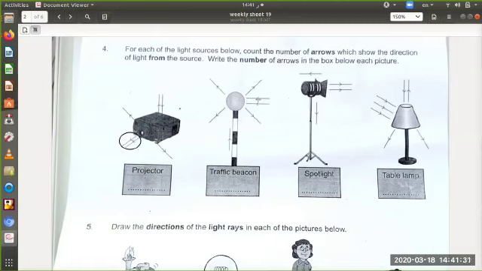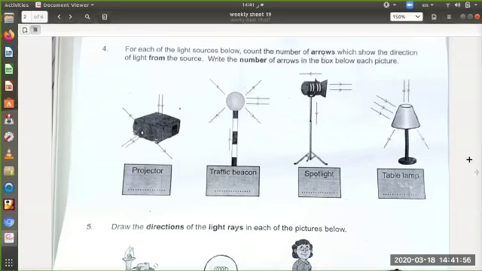Number 2, traffic beacon, we have 4 arrows traveling from the light source. Spotlight, we have 2, and for the table lamp, we have 3. This and this and this one. Okay.